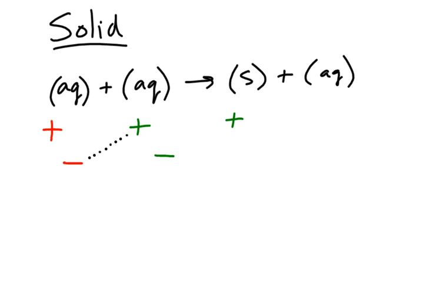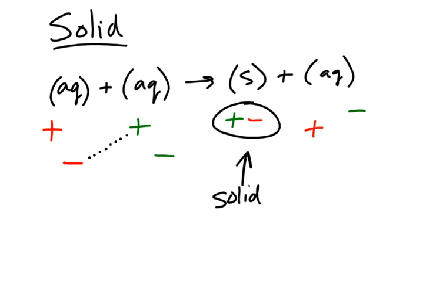For example, silver chloride, right? This right here is a solid, leaving the green anion and the red cation still floating around in solution. Okay, so this right here is going to result in a solid forming.